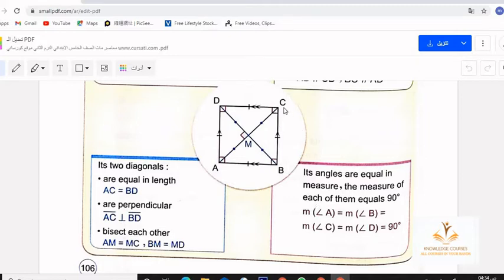So CM equal AM and DM equal MB. Okay. All angles of the square equal 90. This is a right angle. Angle A equal angle B equal angle C equal angle D equal 90. Okay.